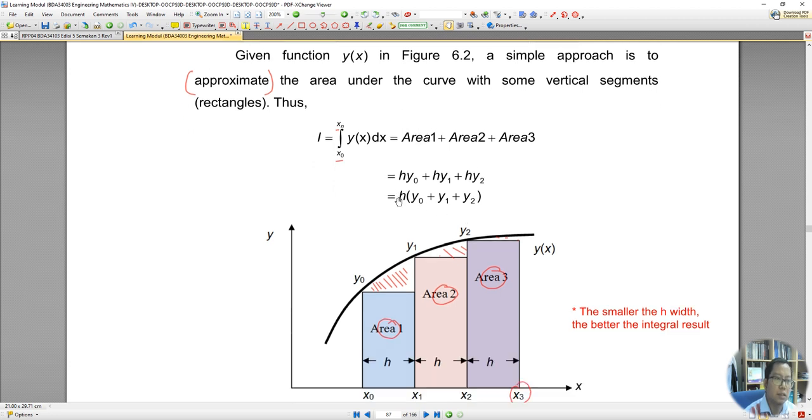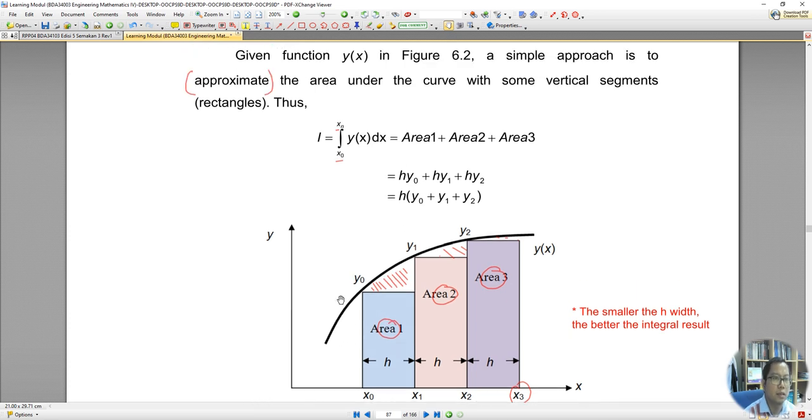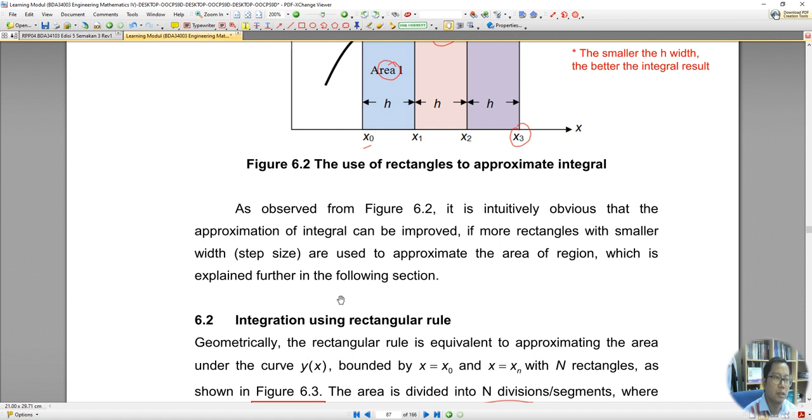Thus we have h, the interval, which is x1 minus x0 or x2 minus x1; you can get the h value. Then y is basically the y value from y0, y1, y2 and so on. This is the basics, first based on the vertical segments, based on rectangles.